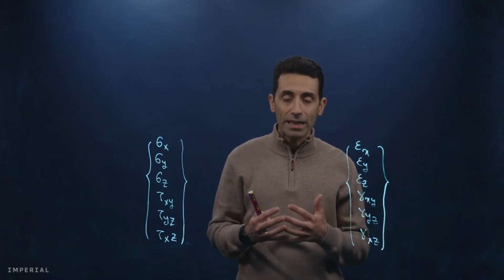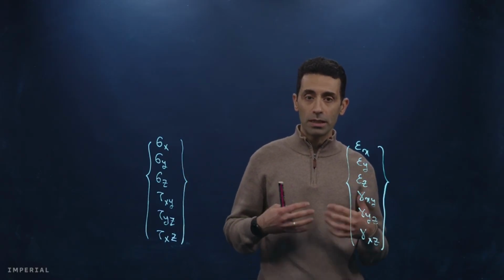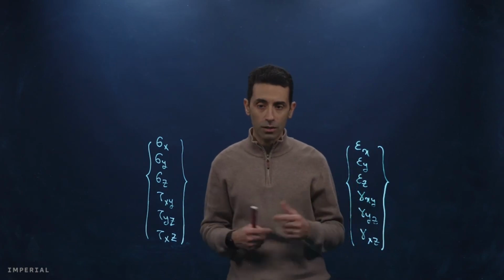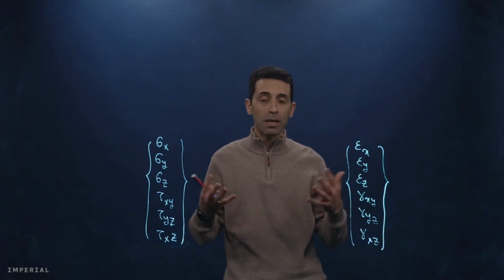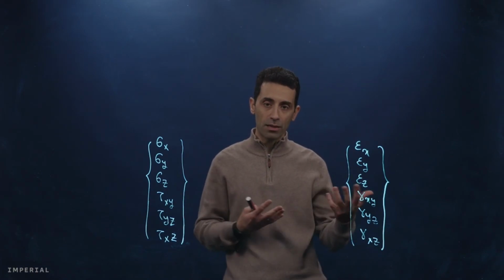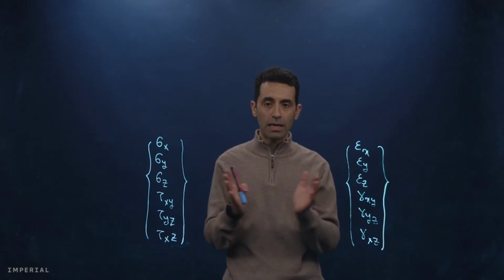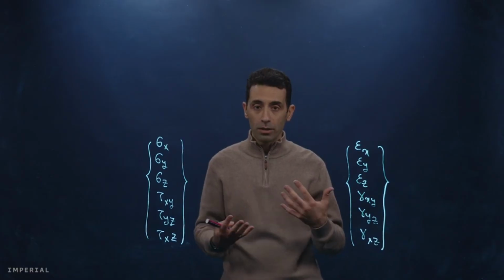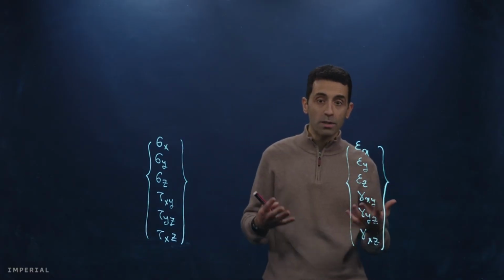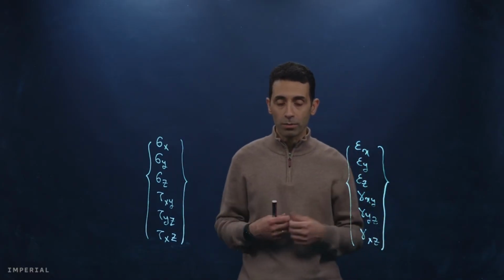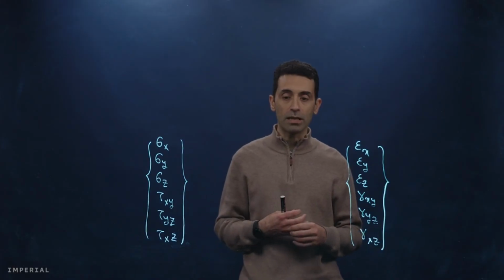You know that we can link these two with each other by using the material model or the constitutive model. The simplest model that we know of is the linear isotropic, where by using Young's modulus and Poisson's ratio, we can link stress and strain. But the material can be more complicated, like composites, orthotropic, or other responses like nonlinear.